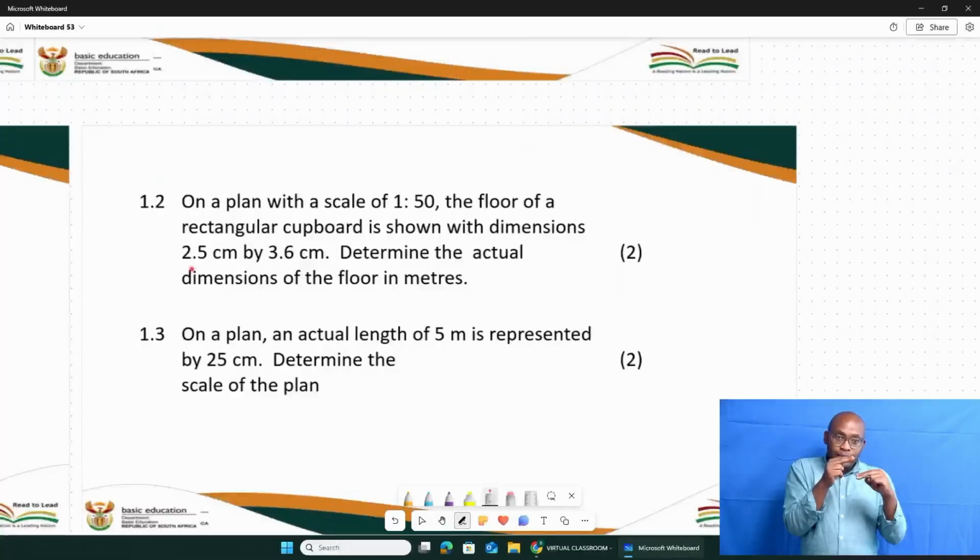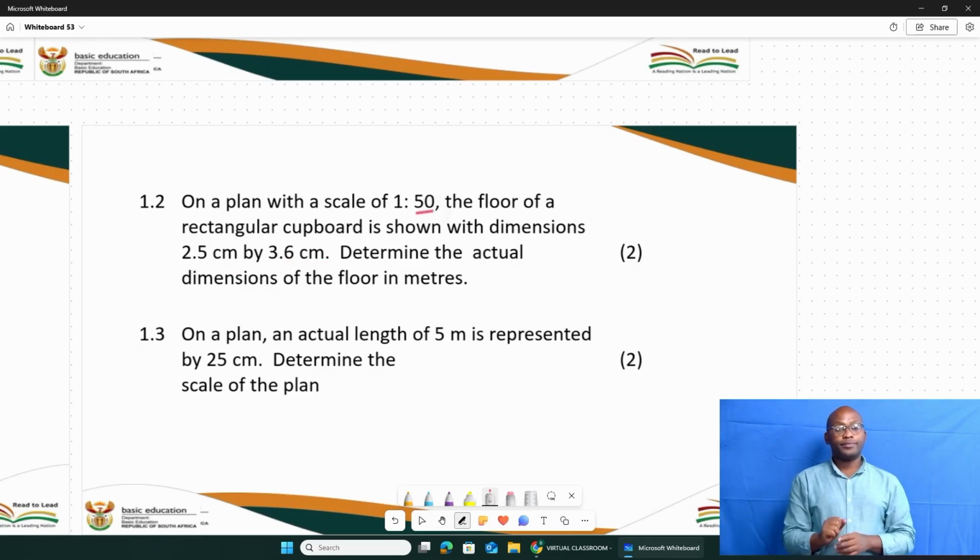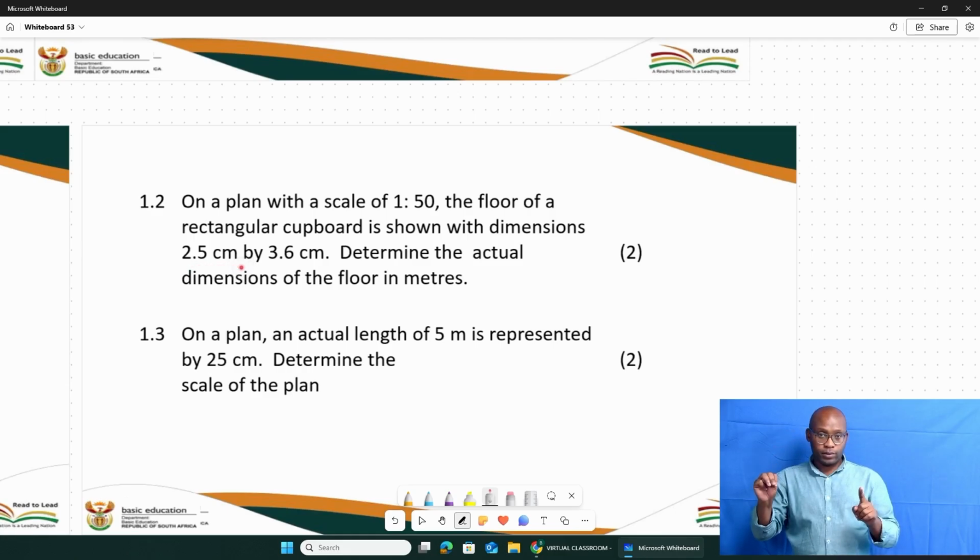It means I will divide by 100 to get the actual distance of these two measurements. First, I will multiply by the scale factor, which is 50. Then the answer is automatically in centimeters. Then I will divide by 100, because centimeters is small and meters is big, and the distance in between is 100.